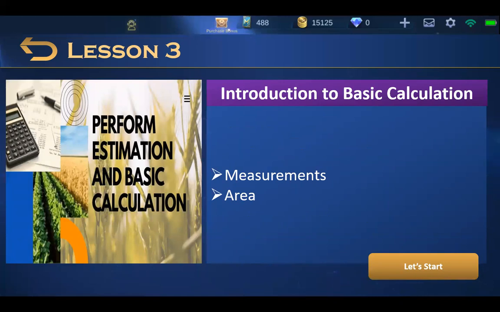It is also useful for calculating construction materials and stocking density. This lesson provides aquaculture students like you the necessary information to develop your skills in measurements. You will also learn conversion of temperature and conversion of metric units, and determining the perimeter, area, and volume of an aquaculture facility.